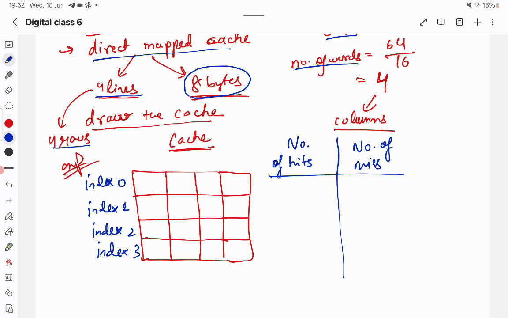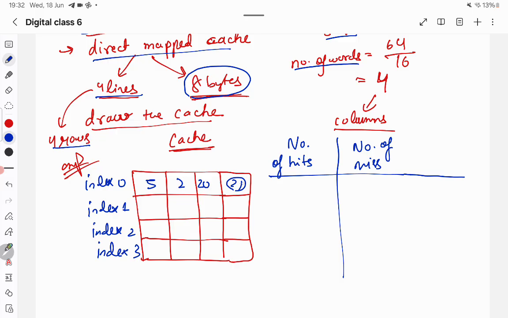Then you will write number of hits, number of misses. What is number of hits and number of misses? Let's say there is 5, 20, 21 in the cache, and again you accessed 21.